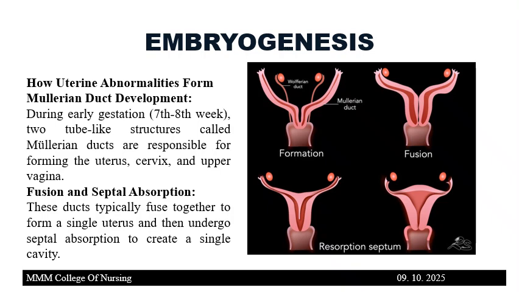This is the normal physiological development of the Mullerian ducts, represented here in the picture as formation, fusion, and resorption of the septum. So all the pictures here show the normal development of the uterus. That is the embryogenesis, that is exactly what happens in the Mullerian duct.